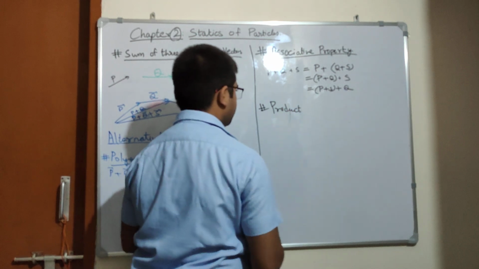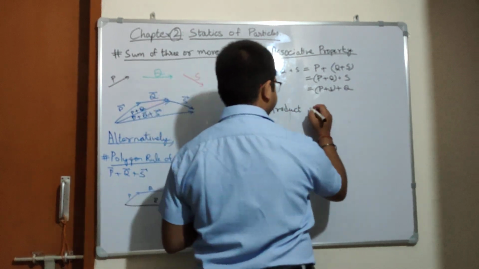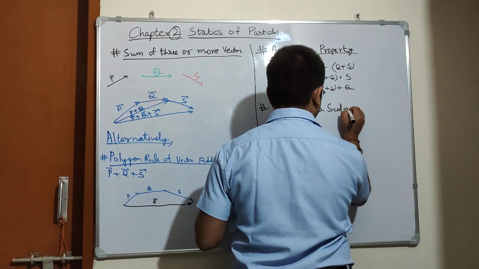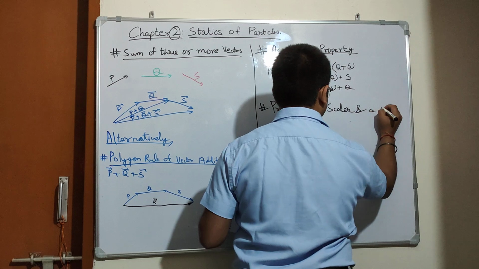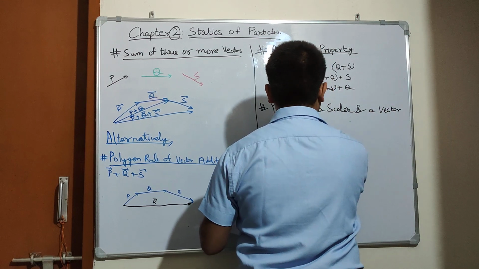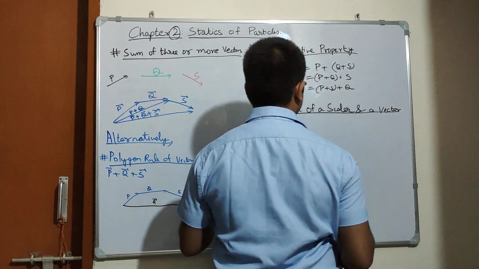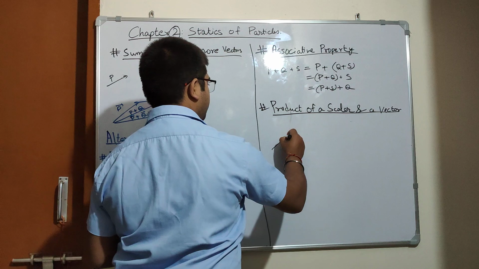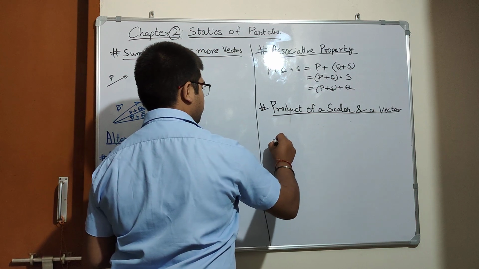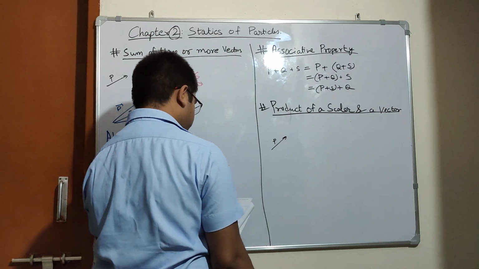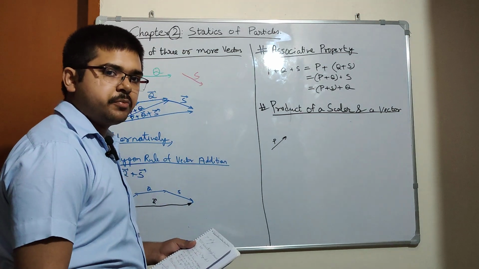Product of a scalar and a vector. Suppose we have P here as given. Now we have to multiply it by 1.5.